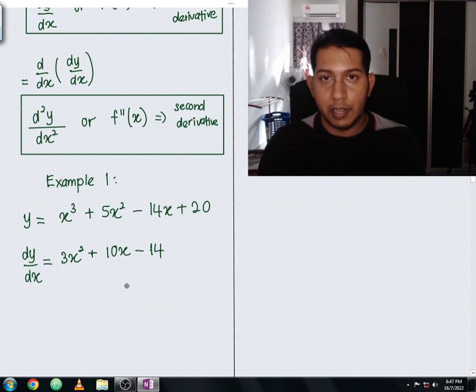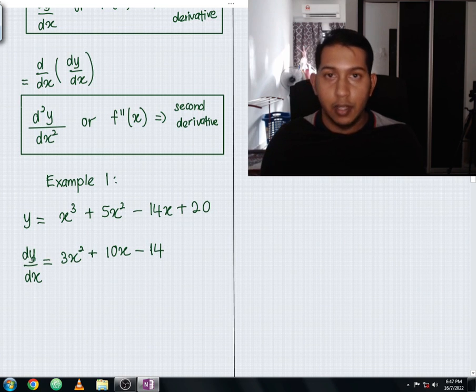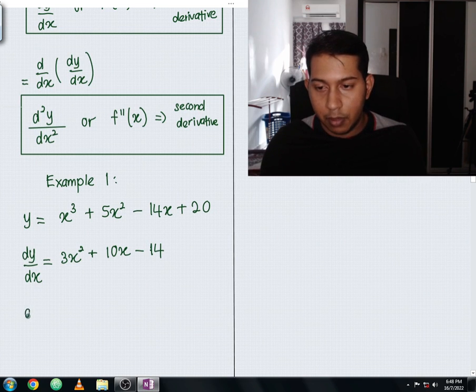The second derivative works when you differentiate this one more time. When you're differentiating dy over dx for the second time, it will become d square y over dx square.